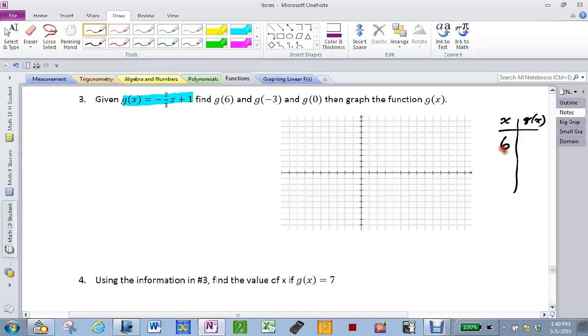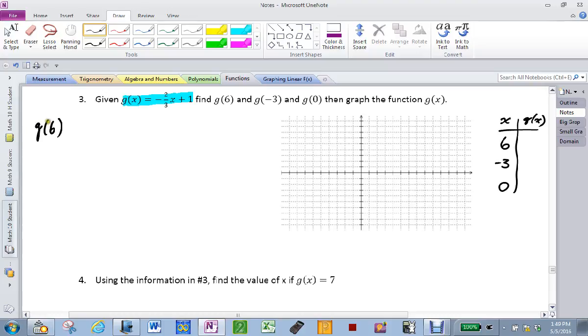6, negative 3, and 0. Correct? So, the first one I need is the g of 6. Uh-oh. Is something in the brackets? Yes, there is.